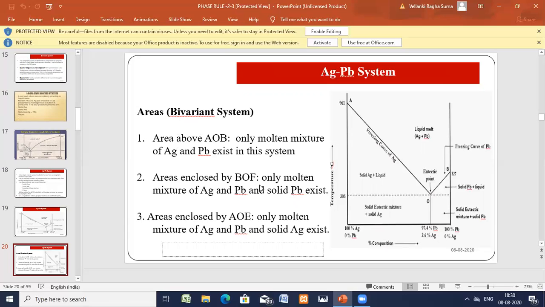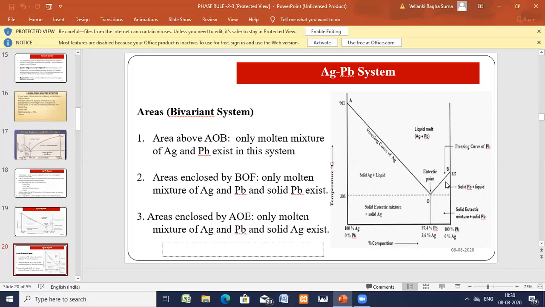Take area BOF. Here F is the point just noted down. In BOF you have solid lead plus a molten mixture, the liquid melt of Ag plus lead.